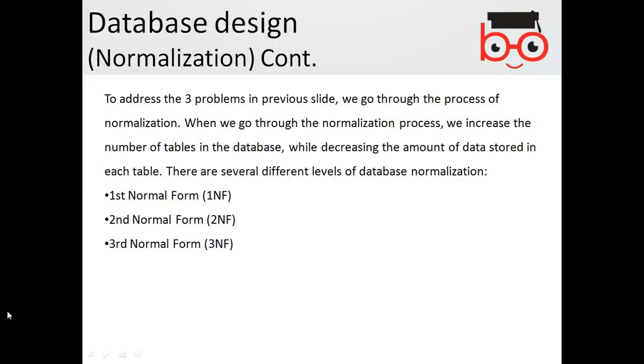Increasing the number of tables means the relevant data should be in particular tables, and you are trying to reduce the duplication of data. There are three different types of database normalization: first normal form, second normal form, and third normal form.